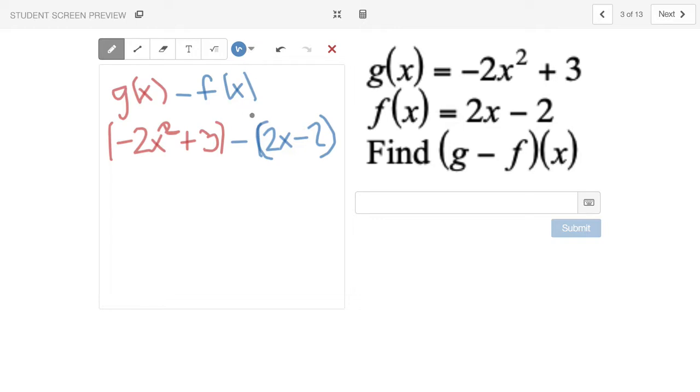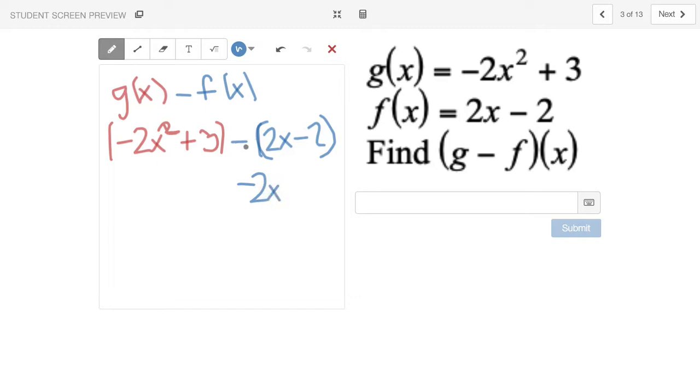So before we begin to combine like terms, we want to remember that we are subtracting. Now when we're adding, nothing changes, because if you add a negative 2, you still end up subtracting 2. And if you add a positive 2, you still add 2. What changes is your subtraction sign, right? So if we are subtracting a positive 2x, that just becomes subtract 2x.